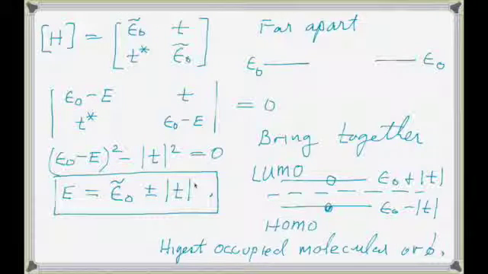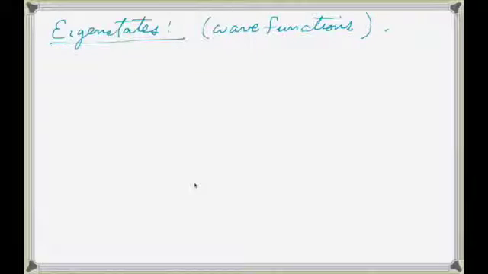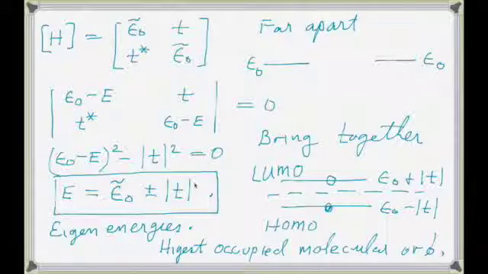So those are the energies, the eigenenergies of the system. And now let's look at the eigenstates, which are your wave functions. Once you've calculated the eigenenergies, the way you get the eigenstates is you go back and put the eigenenergy back into here, and then you solve for psi.